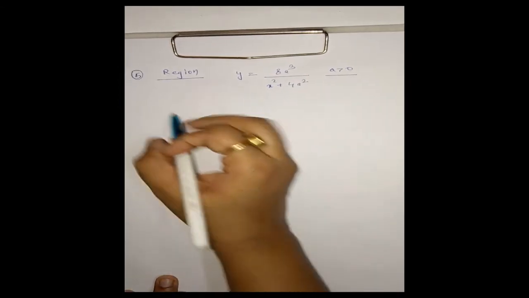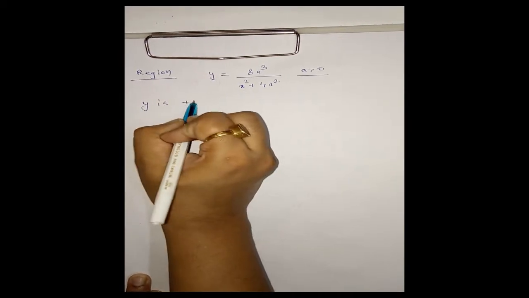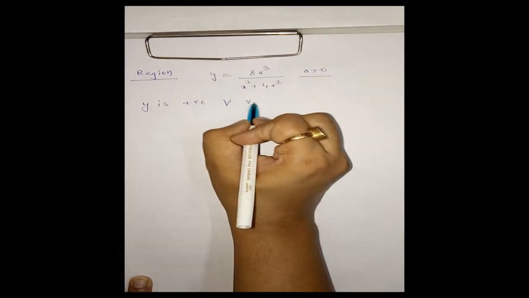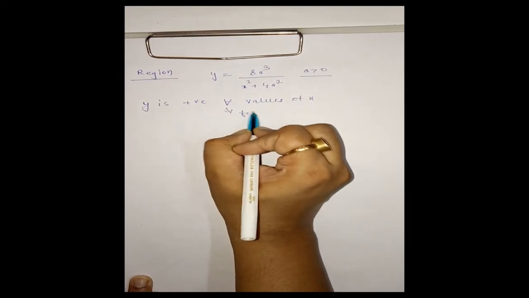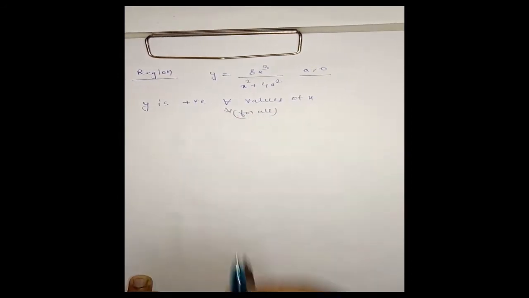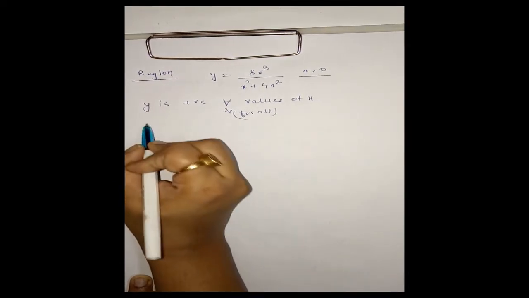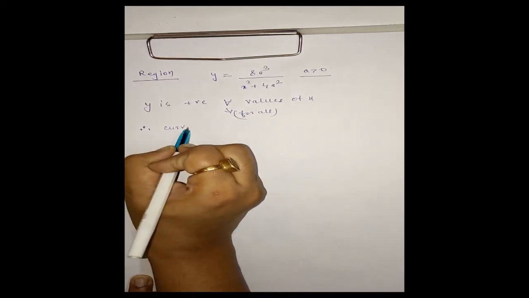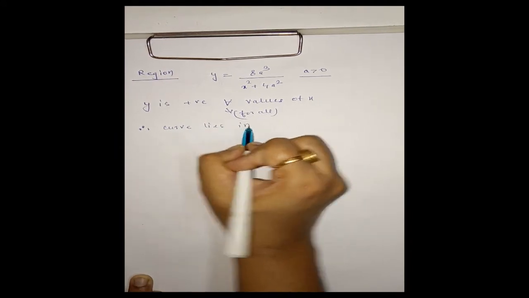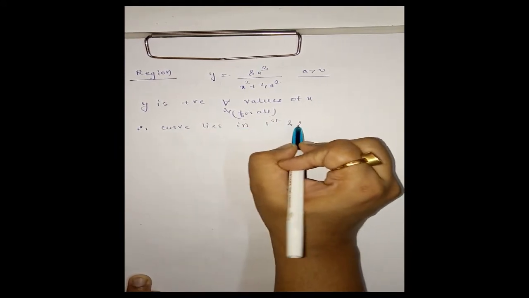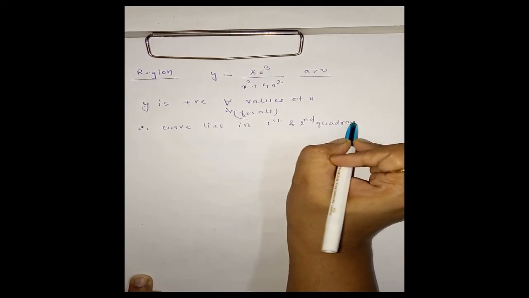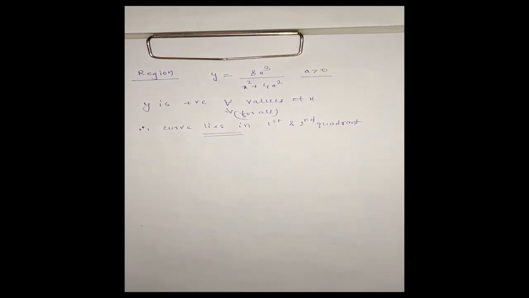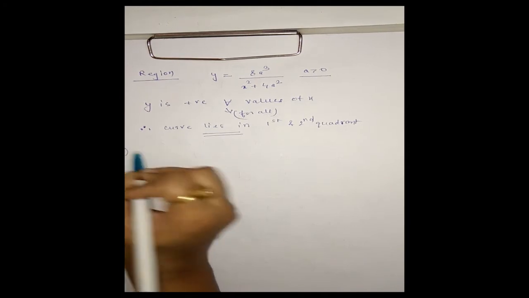That means y is positive for all values of x. Therefore the curve lies in the first and second quadrants, that is above the x-axis only, not below the x-axis.